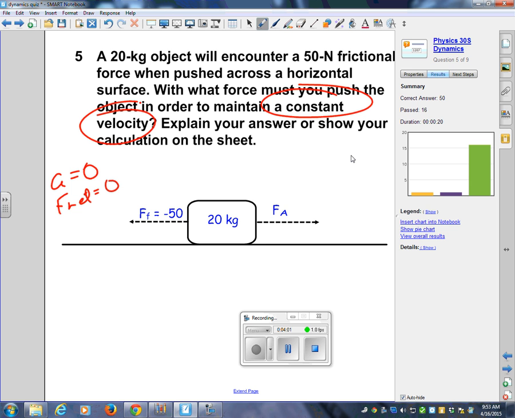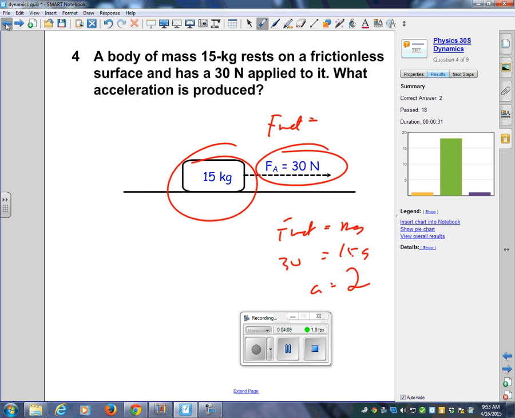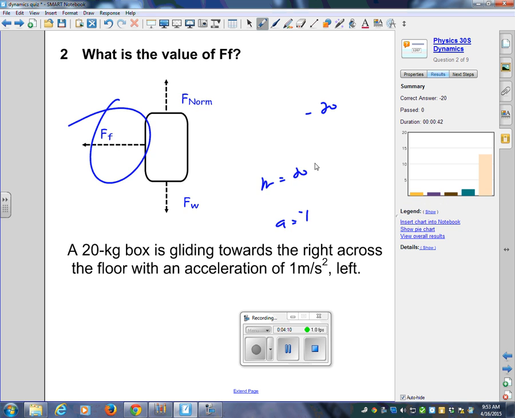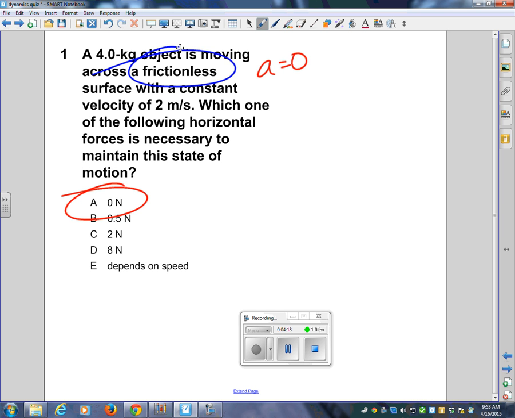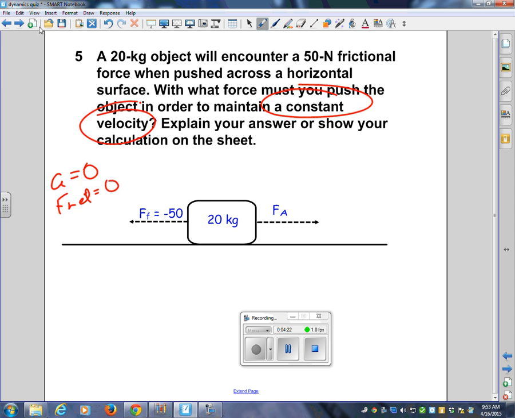Plus 50. If the net force is 0 and there's minus 50 newtons of friction, you have to apply 50. Why is it different than number 1? Why is this one 0? Because it's frictionless. In number 5, there is friction. So you have to balance that friction.